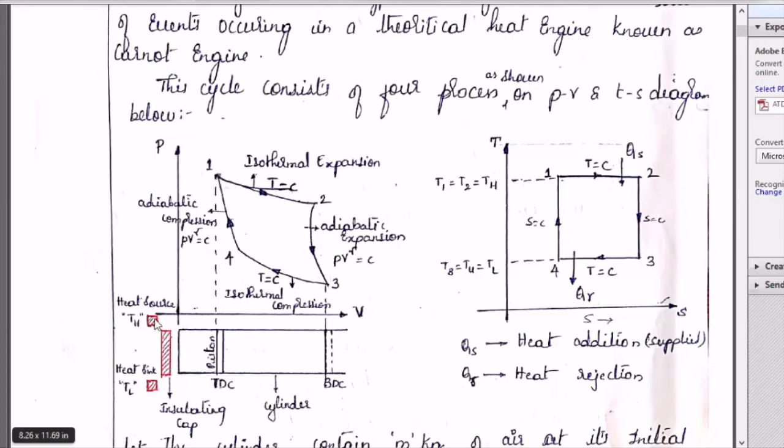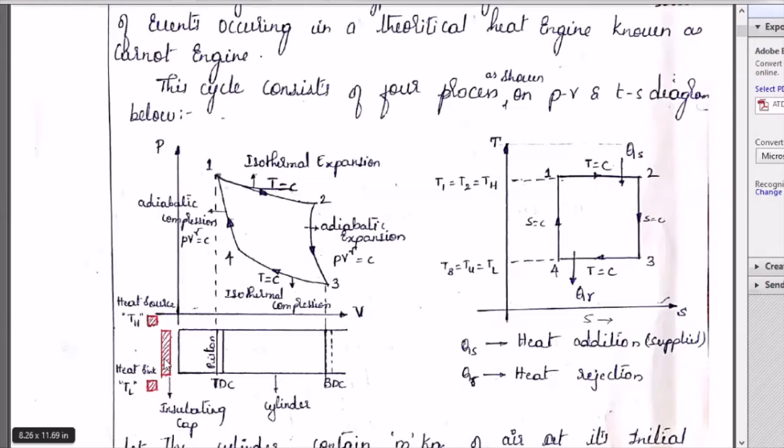Now the heat source is brought near the cylinder head, and heat transfers from the heat source to the air, so there is an expansion process. The piston starts moving from the TDC position to half of the cylinder position. Once it reaches there, the heat source is immediately taken out and the insulating cap is brought near the cylinder head. Why is the insulating cap brought?